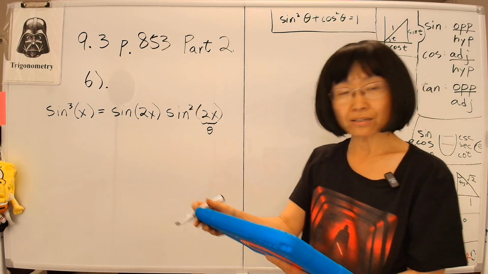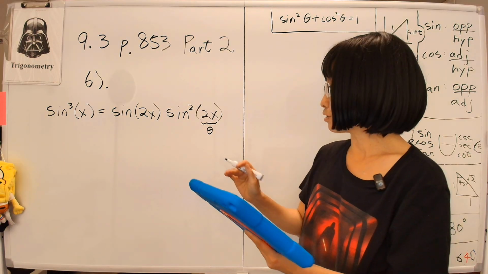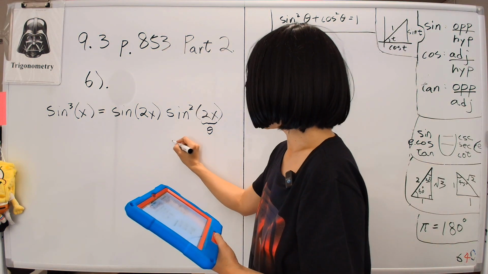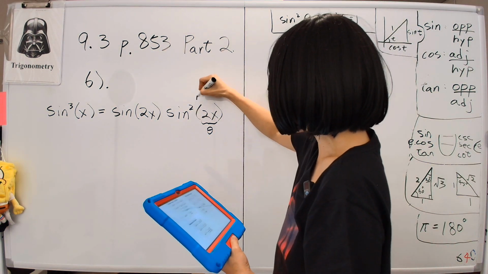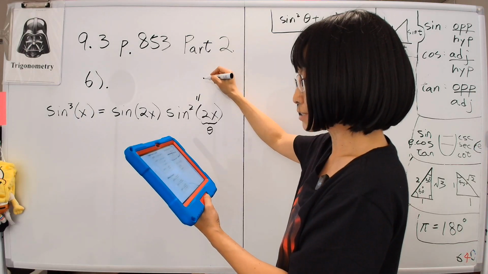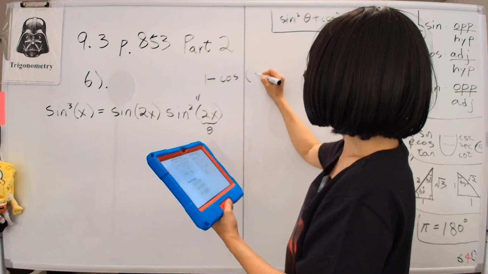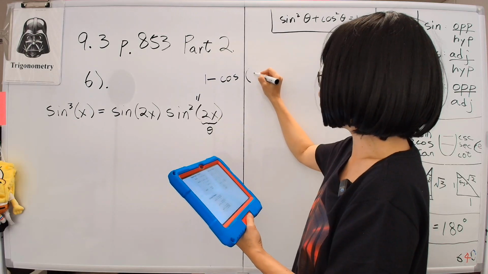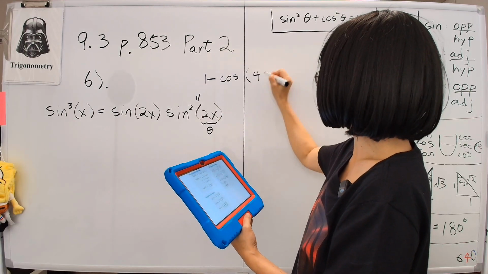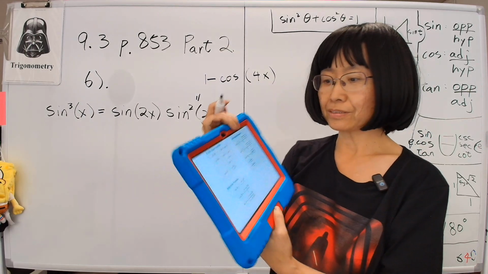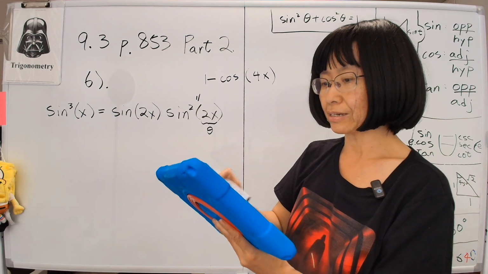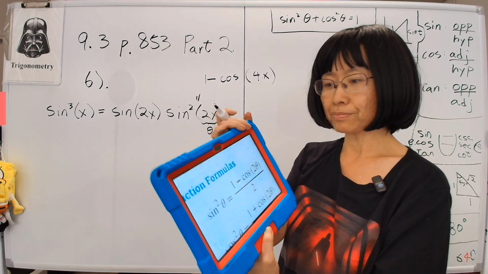So if theta equals 2x, following this formula, then sine squared 2x, just this part, will be 1 minus cosine of 2 theta over 2. Theta is 2x, so 2 theta will be 4x, right? I'm still following this formula right here. Let me make it as big as possible.